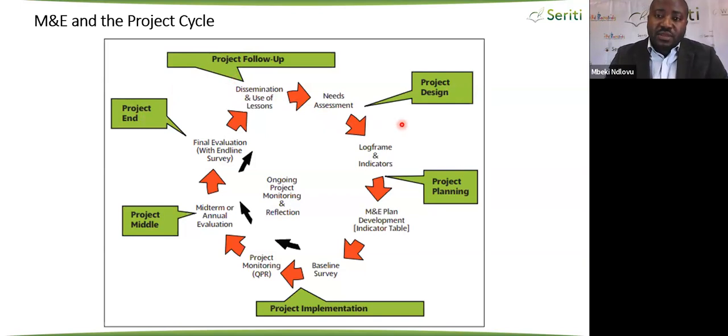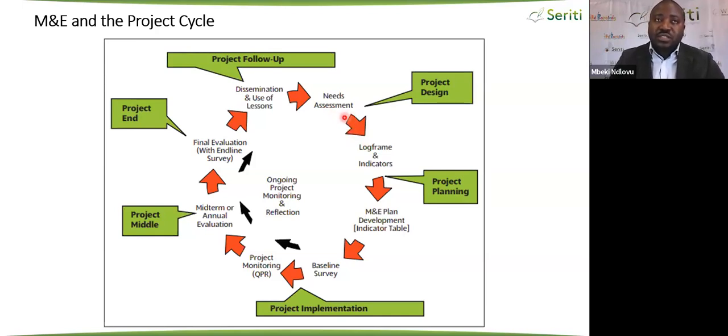Now, what I wanted to highlight with this illustration is that at the same time as projects are in process, for example, with project design, the one thing that needs to happen before or simultaneously is the issue of needs assessment. With need assessments, this is the part where you go into a community and you understand the local conditions, you understand what challenges people are facing, and out of that exercise, you are able to develop your own theory of change.